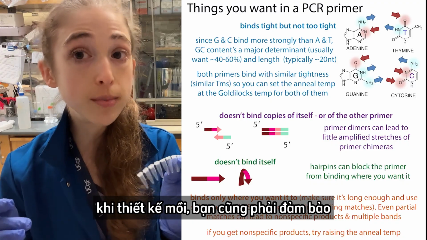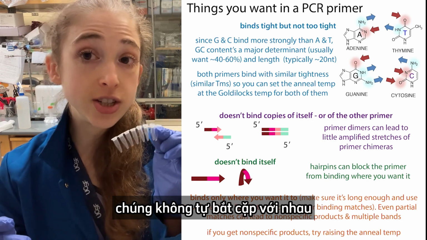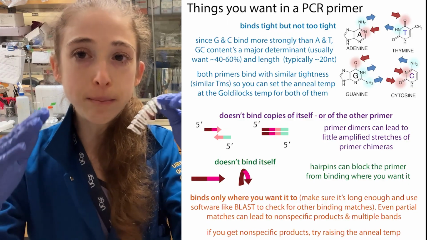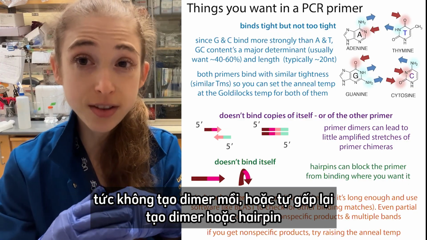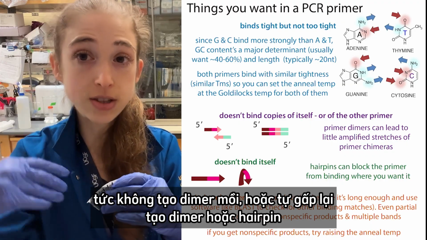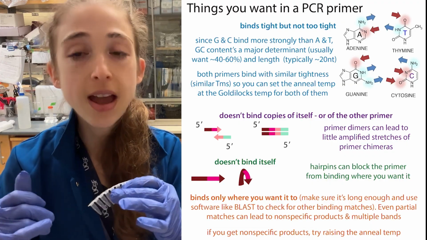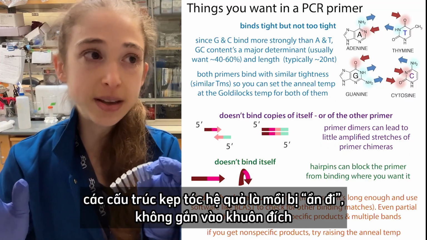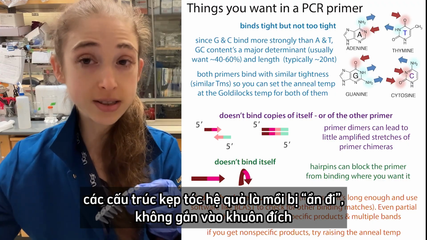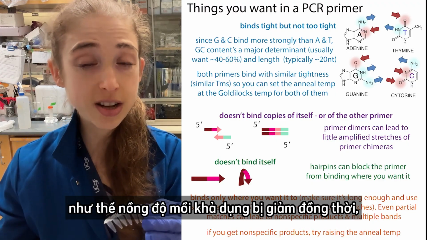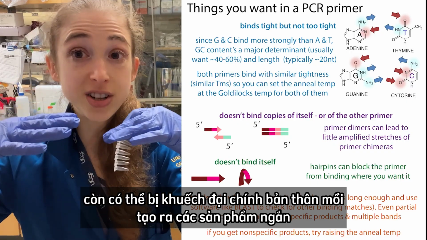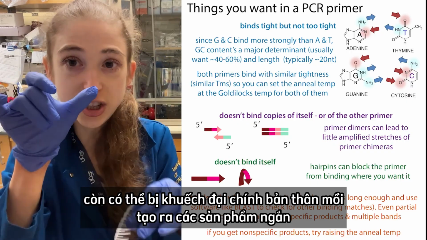When you're designing your primers, you also want to make sure that they don't bind to one another, forming primer dimers, or fold up on themselves, making hairpins. This not only hides your primer from binding to your sequence of interest, so it's like you have a lower concentration of it, but it also can cause amplification of the primer itself, and so you get these short little products.